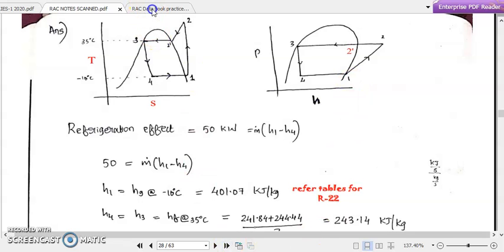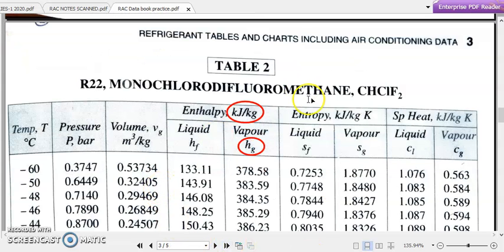When we look at the refrigerant tables for R22, that is table 2, there are some columns marked with several values. Now let us read the column titles.